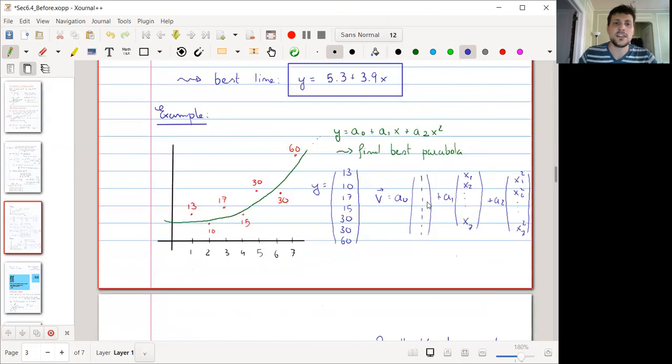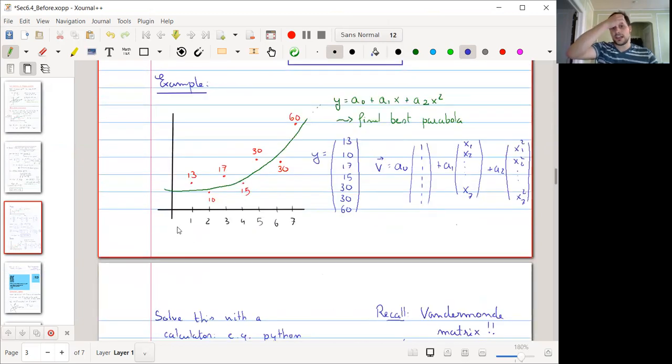The second one, this time we want to interpolate a data set using a parabola instead. If we use a parabola, then there's one extra parameter. We have A0, A1, and A2, because the general parabola looks like this: A0 plus A1x plus A2x squared. In other words, the setup will vary slightly.